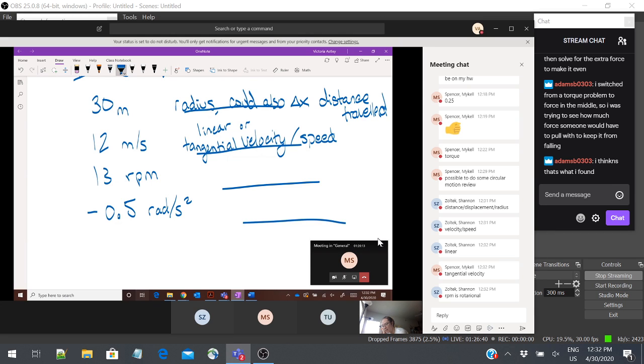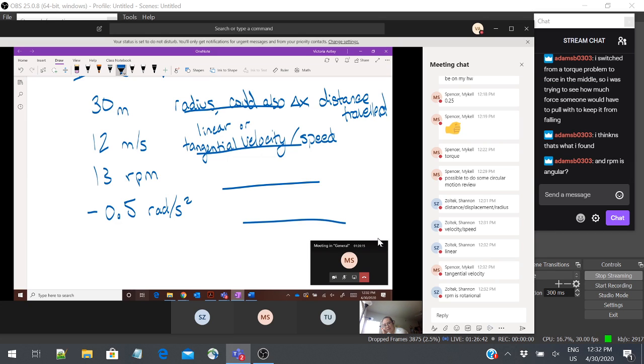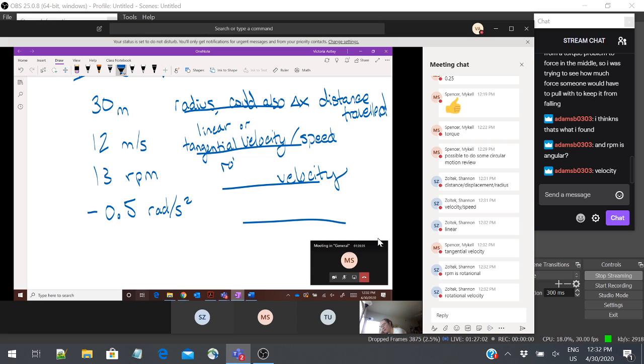What is the... Okay. So both of you are giving me half of it. Rotational, angular. What is rotational or angular what? Okay. It's a velocity. It is a rotational or an angular velocity.